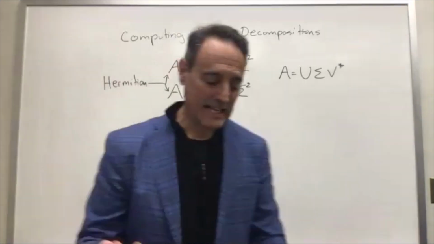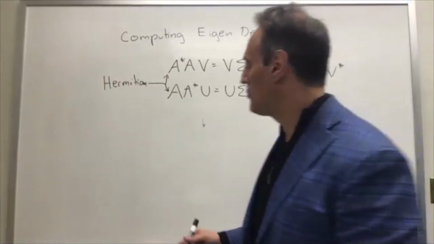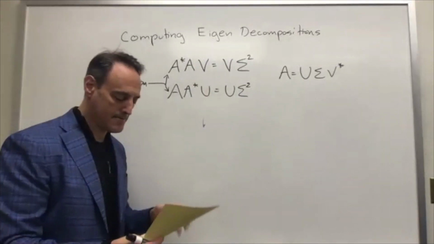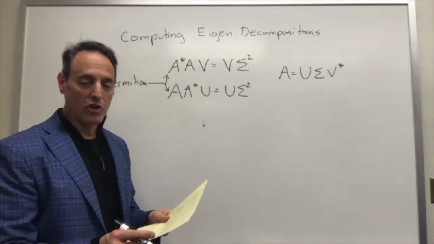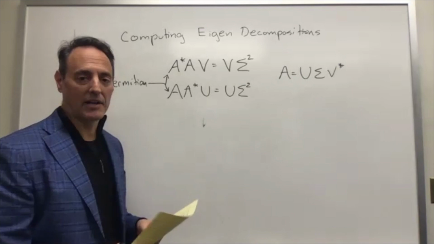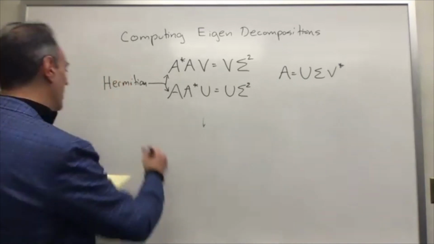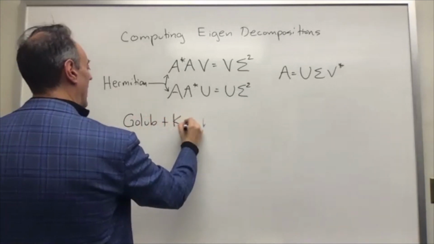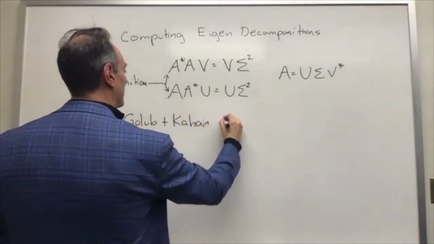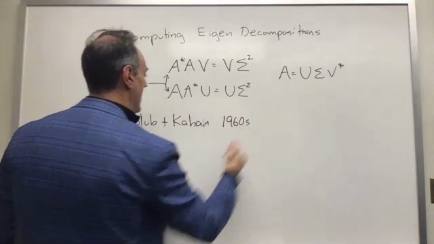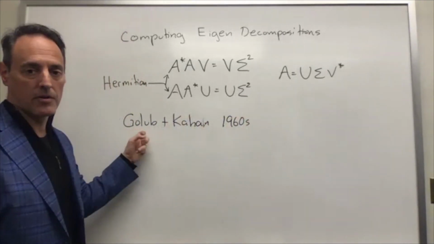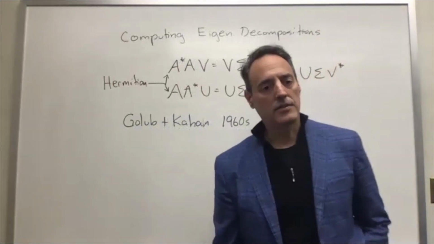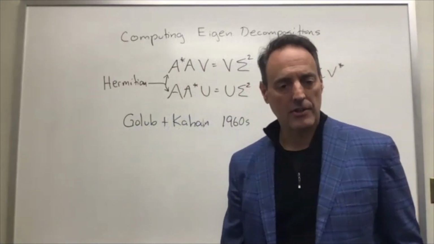So this is fantastic news for us. The way that this algorithm is going to work is actually due to a very famous algorithm from the 1960s. And by the way, Gene Golub at Stanford was the one who really pioneered these computational methods for the SVD.